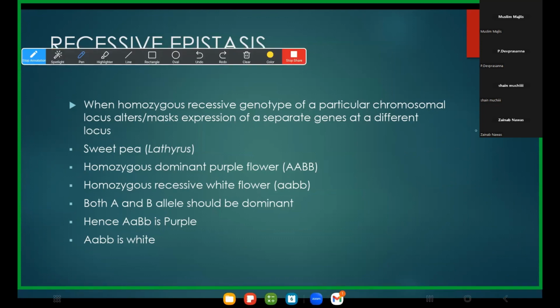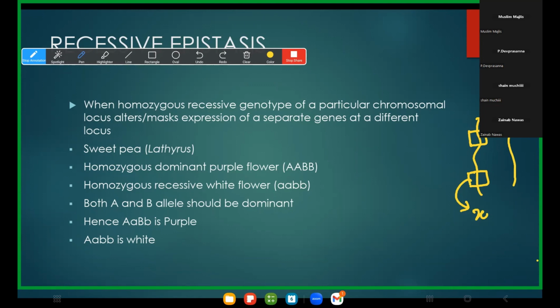So here again, we have a similar situation where the expression of a gene at a specific locus is controlled by a separate gene at a different locus.